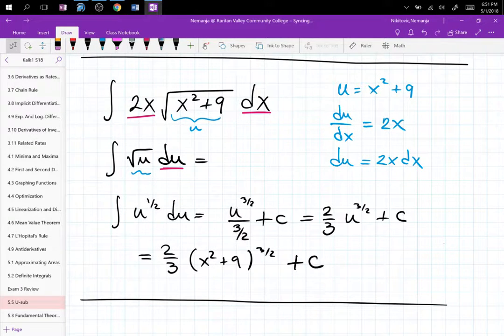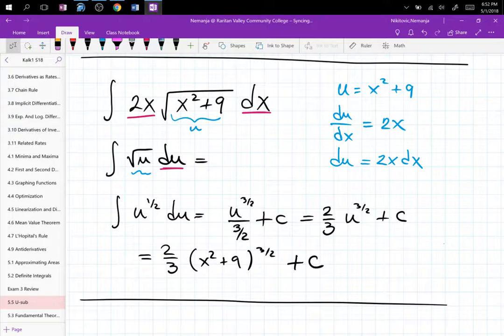This is the way these integrals work. You take something complicated and you collapse that to a single variable. Then you deal with the derivative and hope that the rest of the stuff is going to match it.